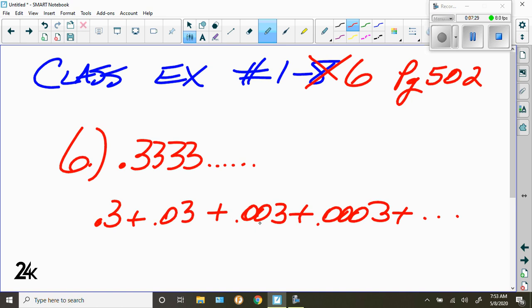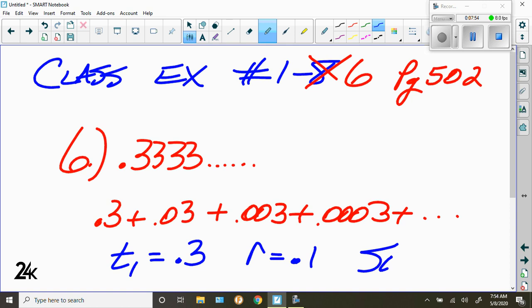If I take 0.003 times 0.1, I would get 0.0003, which means that the first term is 0.3 and r, because it's geometric, is 0.1. And if I asked what the sum is, well, the sum we already know. The sum is 1/3, which is 0.3333333. Okay, so number 6 is already done.